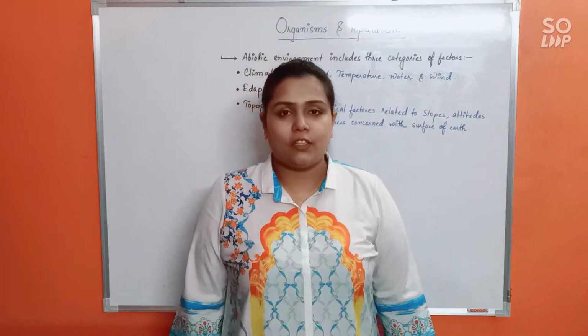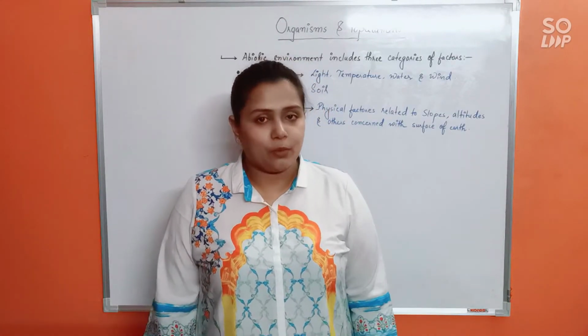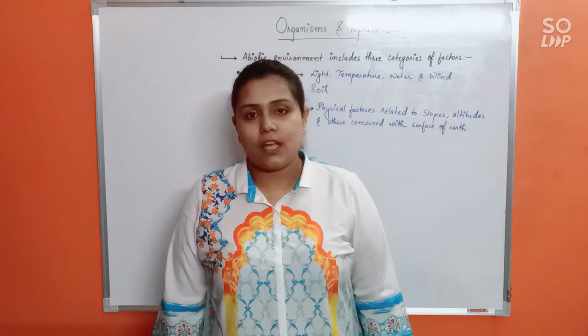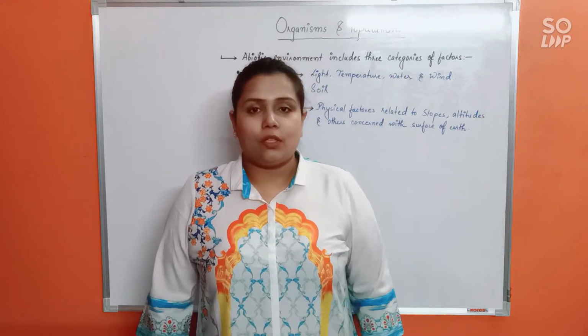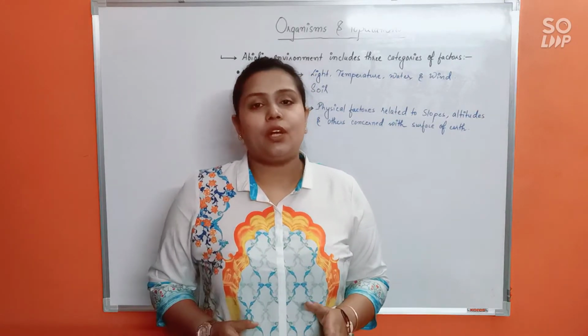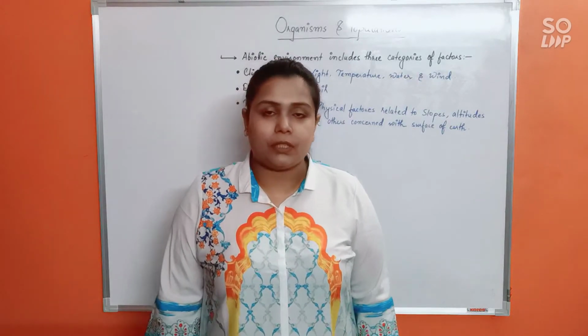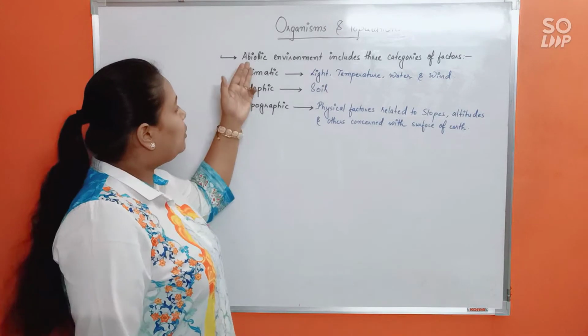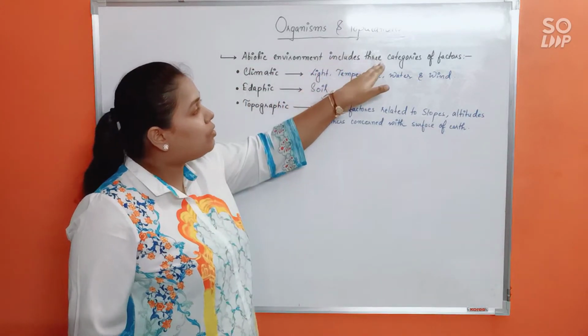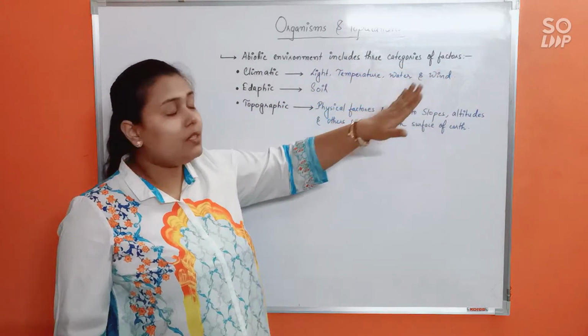So now that you have learned about the various types of biomes that are present in the world or in India, now let us focus on the major abiotic factors which are going to form a major proportion of this chapter. So the abiotic environment includes these 3 major categories of factors.